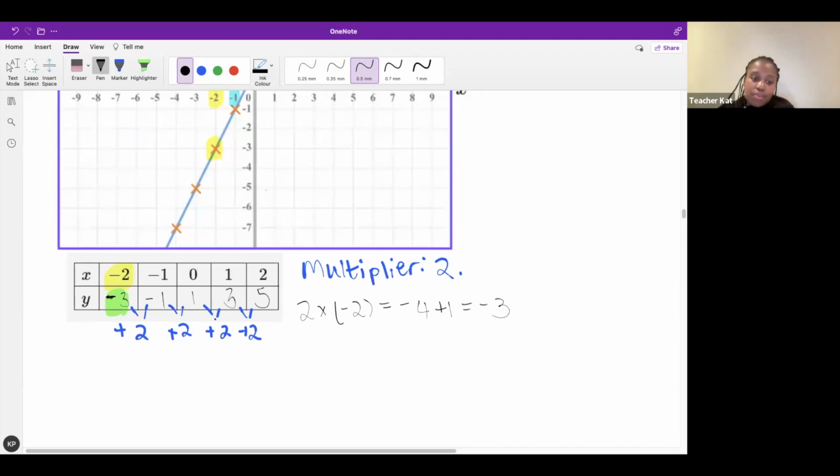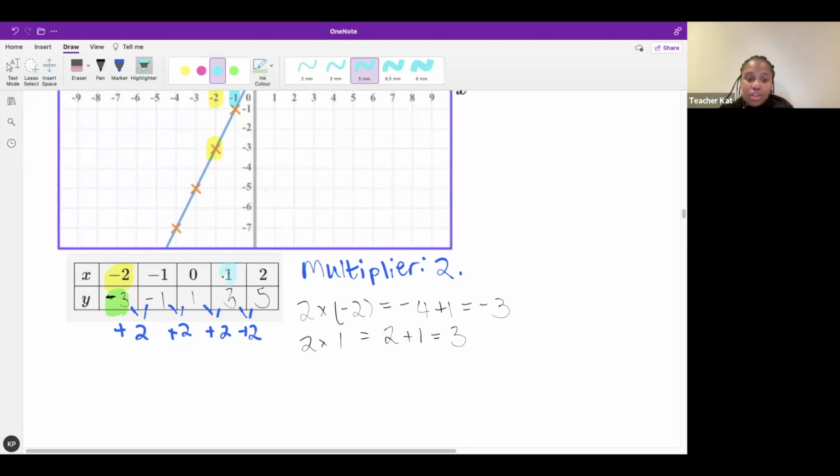Now let's try it with something else. Let's try it with 1. 2 times 1 is 2. And if I add 1, I get 3. Is 3 the output that I'm looking for?